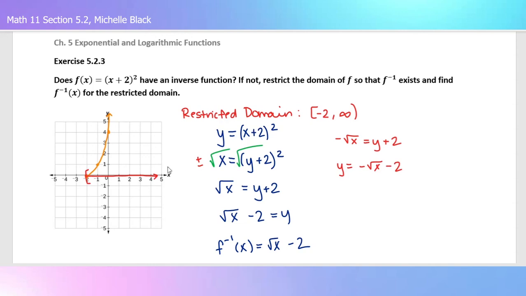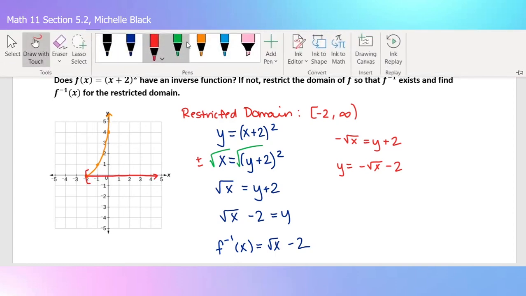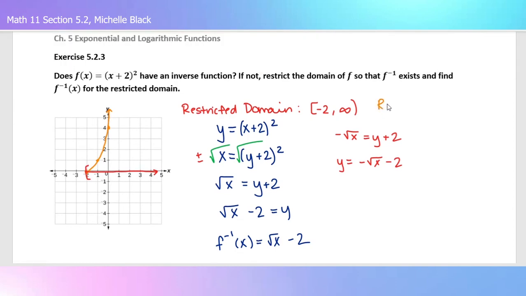Now, with our restricted domain, back on our original graph, our domain is from negative 2 to infinity, and our range is from 0 to infinity. So remember, for your inverse, your domain and range get flipped.